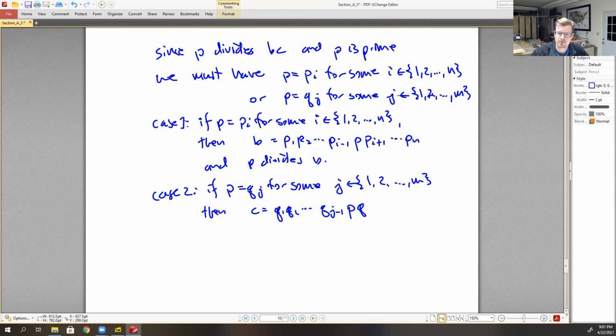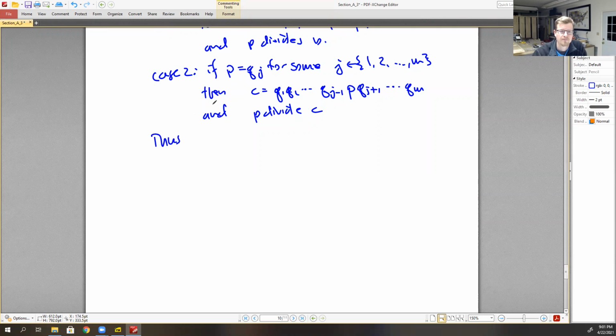Times Q sub j plus 1 all the way up to Q sub n. And we have C is P times something, so P divides C. Now, I don't know which of these cases it is, but it is one of them. And in either case, when we bring them together, we have that P divides B or P divides C.